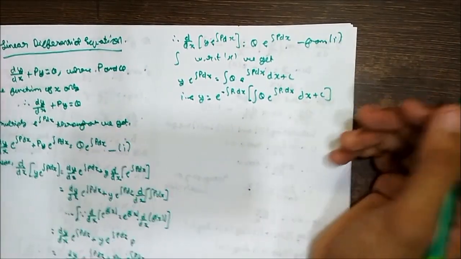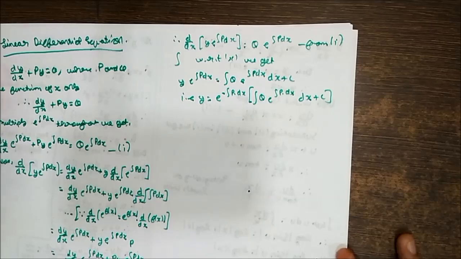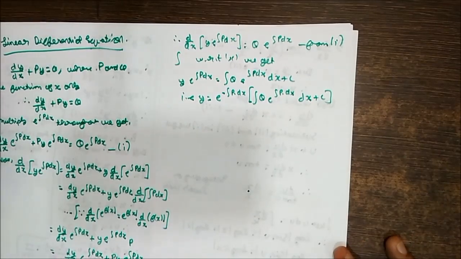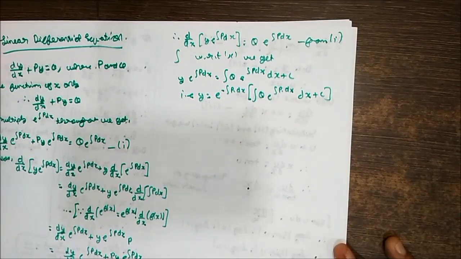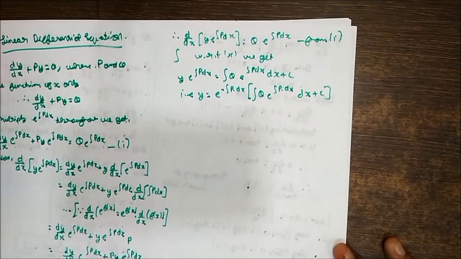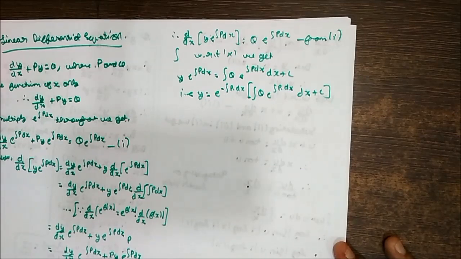Write the given differential equation in the form dy by dx plus py is equal to q, where p and q are constants or functions of x only. Find the integrating factor, I.F. equal to e raised to ∫p dx. Write the solution as y times I.F. is equal to ∫q times I.F. dx plus c.